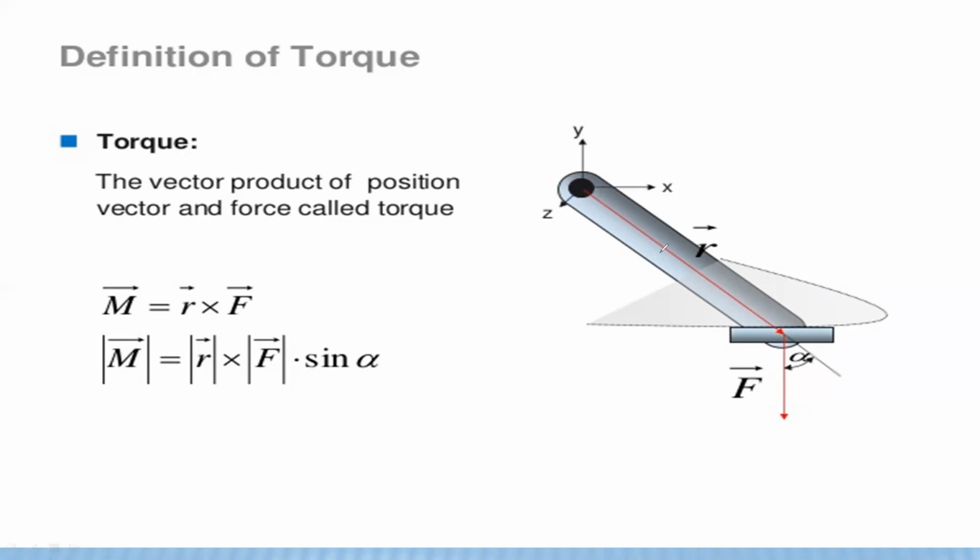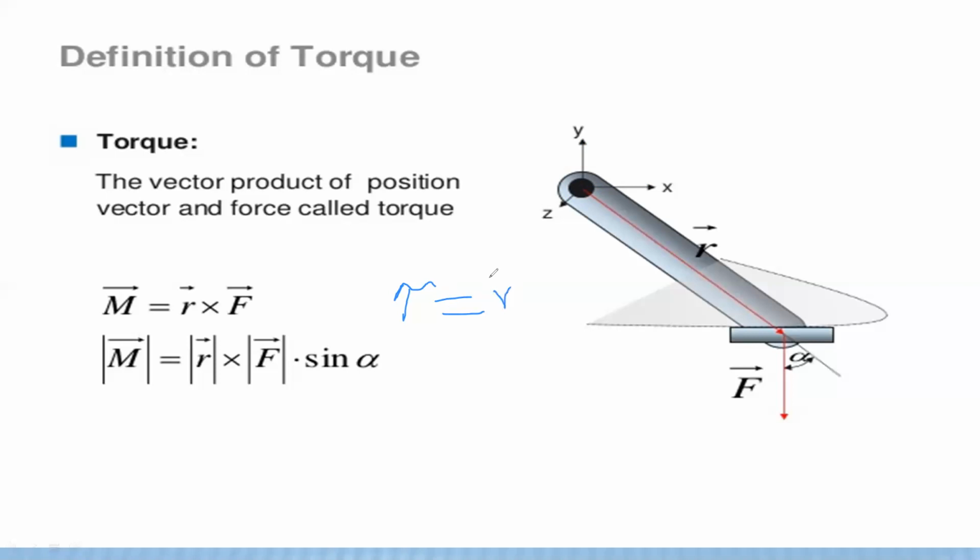Just as a force causes an object to accelerate in linear kinematics, torque is what causes an object to acquire angular acceleration. So the direction of the torque vector depends upon the direction of force on the axis. The torque is denoted as tau.